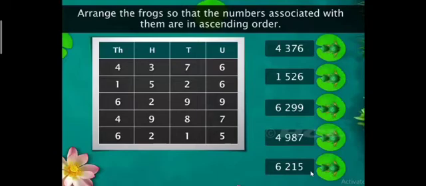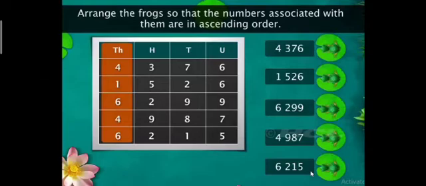So what will we do? We will do it for thousands place first. Okay, so let's observe the digits at thousands place. Here we have 4, 1, 6, again 4 and again 6 at thousands place.